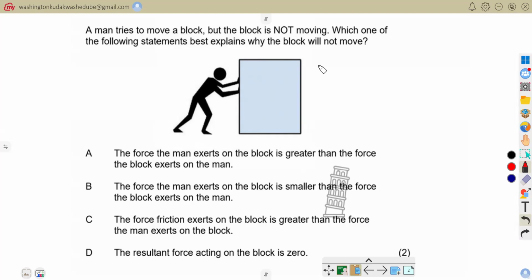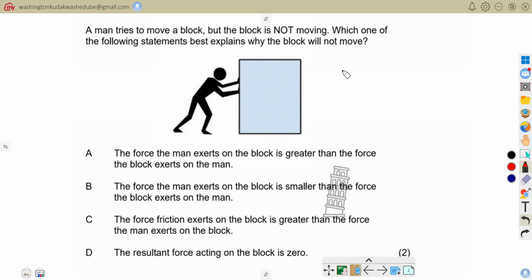The easier way is to look at the scenario and try to remember what kind of laws they are trying to test. Which concepts do they want me to know? Do they want me to retain? You can see that this is all about forces and Newton's laws.